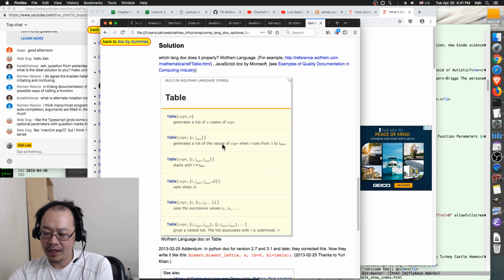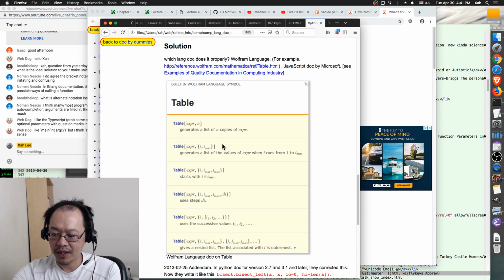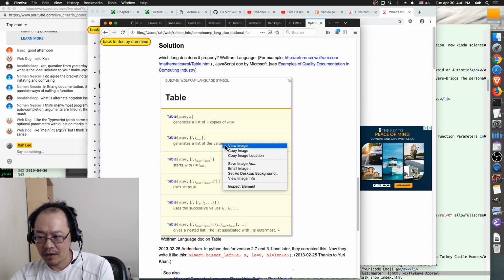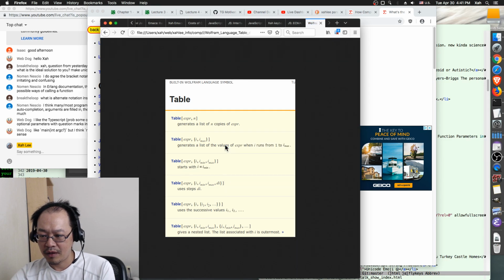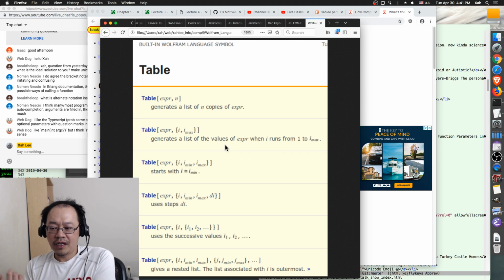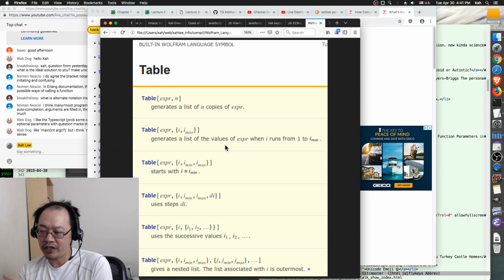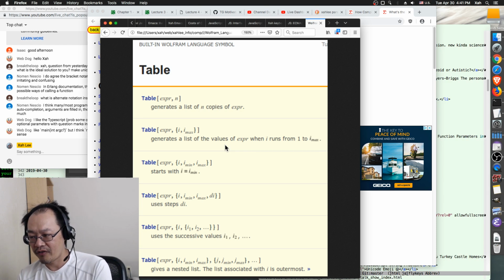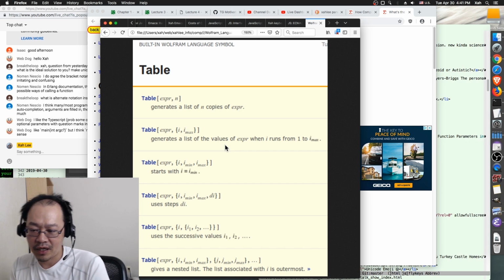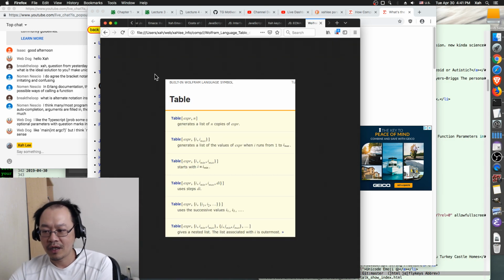Maybe this is too small, let me magnify a little bit. Here is an example of the notation to document a function's parameters and optional parameters. So first, here we have a Table function. Table is a function.